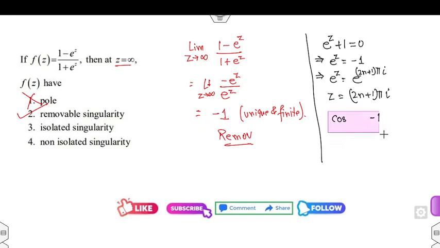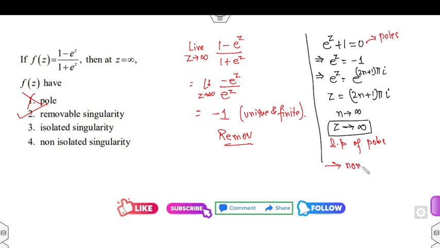Now clearly, I need z at infinity, so as n approaches infinity, z approaches infinity. Since we are talking about these as poles, what is the limit point of the poles? The limit point of the poles maps to a non-isolated singularity. So that's a non-isolated singularity, and isolated is cancelled. B and D are the correct answers to this problem.